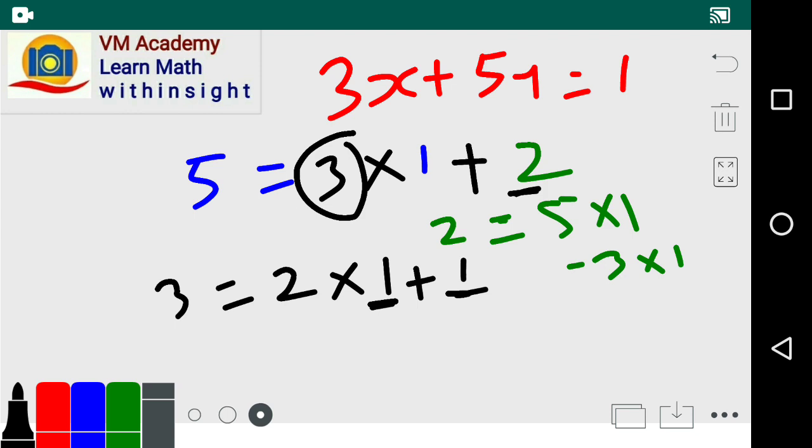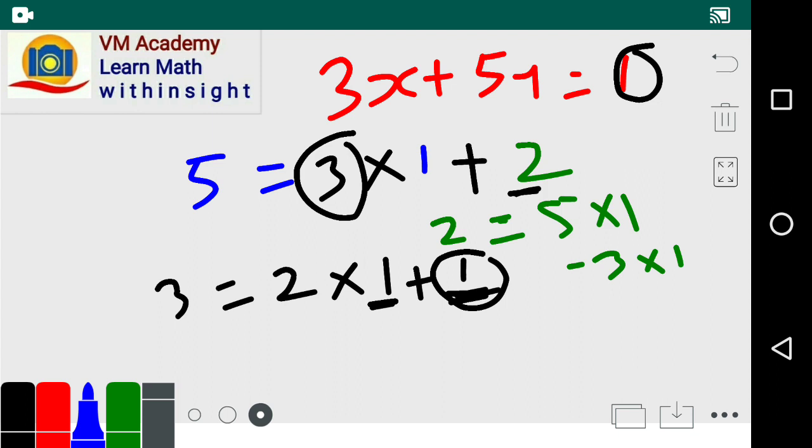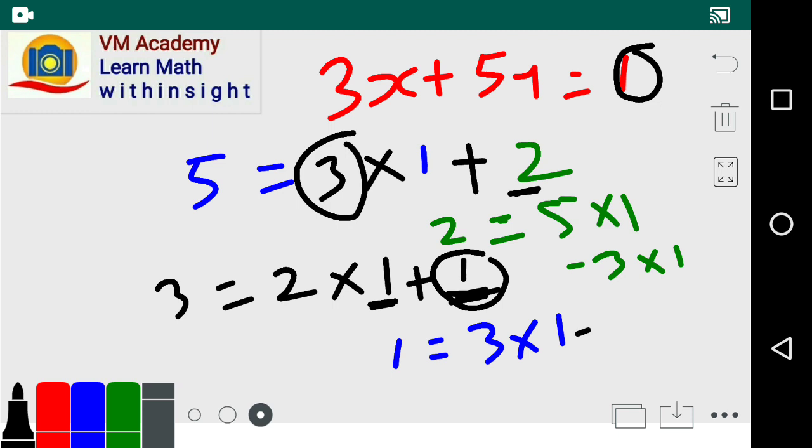Now friends, here we got 1 as the remainder finally, and thus here we can write this 1 as 3 times 1 minus 2 times 1.